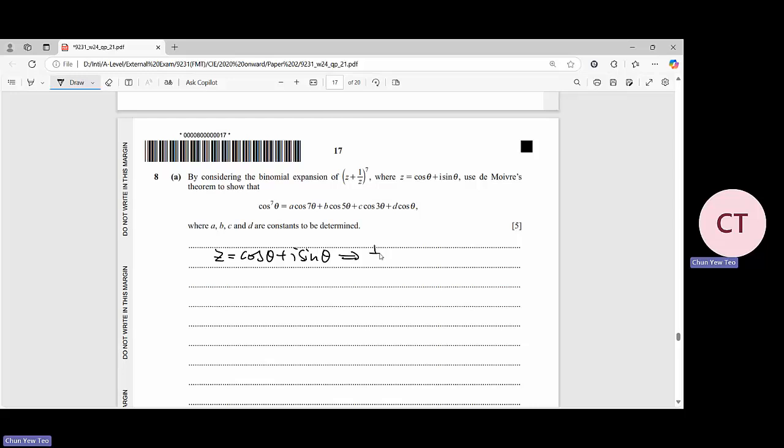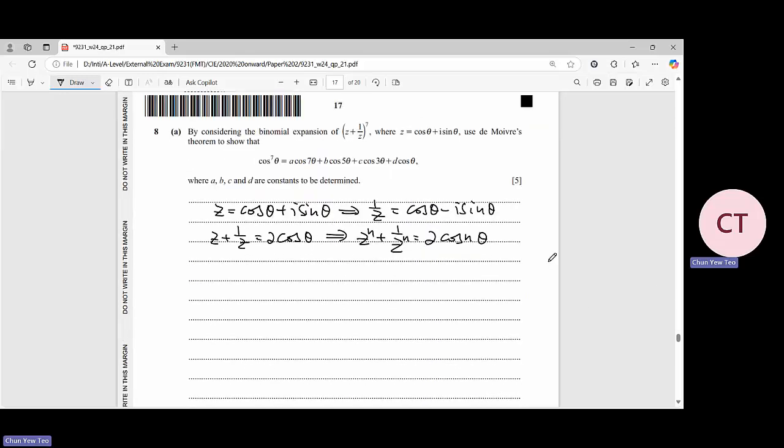That will give you 1 over z is equal to cos theta minus i sine theta. So this will give you z plus 1 over z is equal to 2 cos theta. That will give you z to the power n plus 1 over z to the power n is equal to 2 cos n theta. We need to clarify the relationship here first before we start doing the binomial expansion.